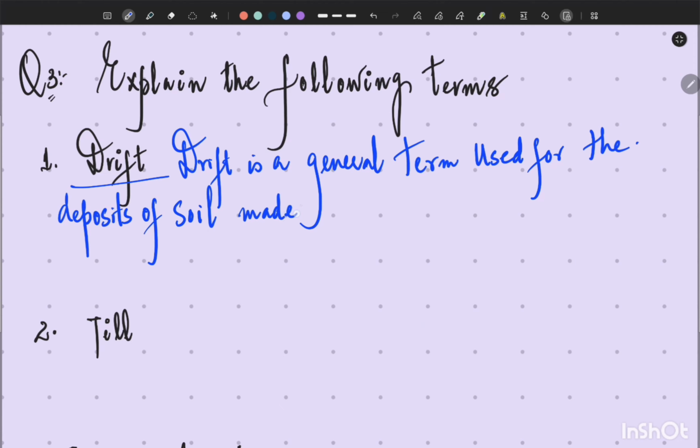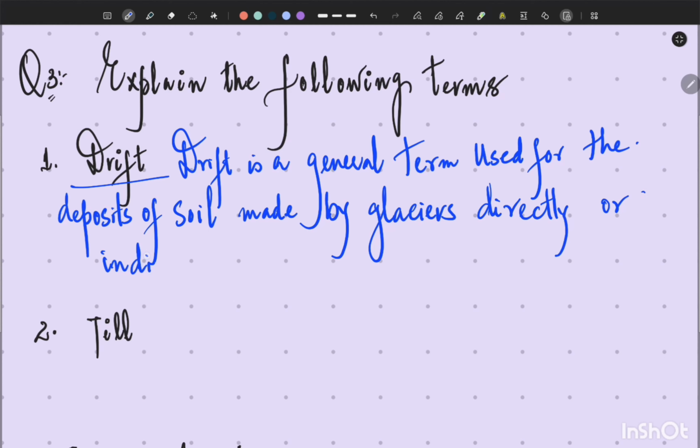Drift is a general term used for the deposits of soil made by glaciers directly or indirectly. So all those deposits of soil wherein glacier is a medium of transportation. Drift is a general term for all those soils which are made by glaciers either directly or indirectly.